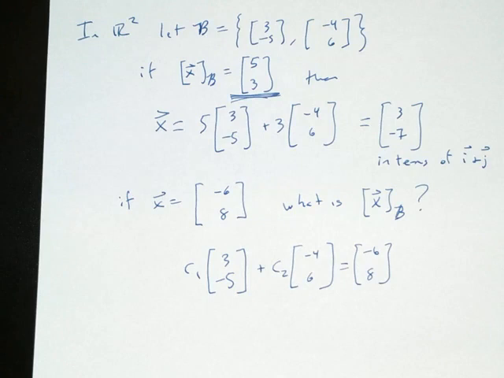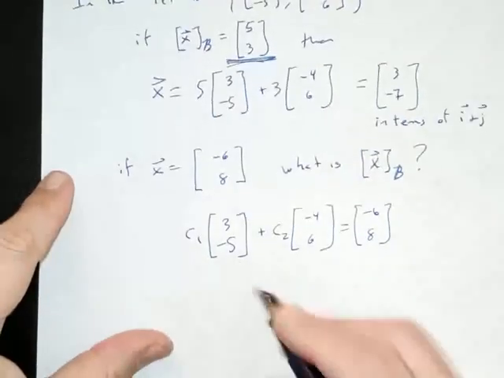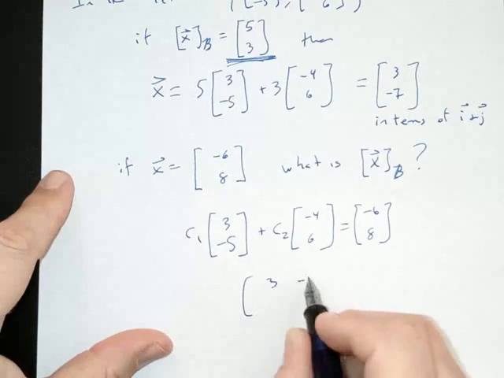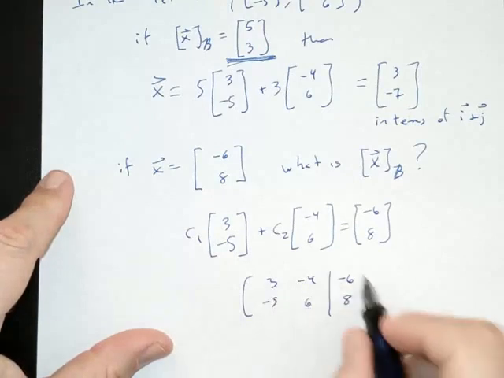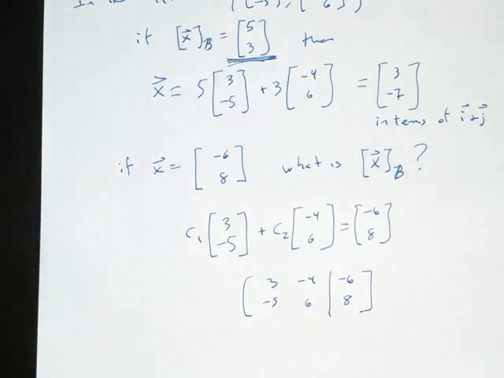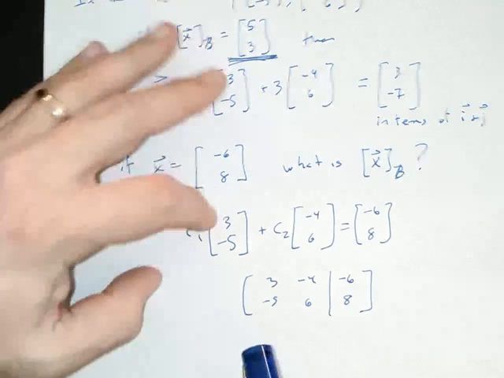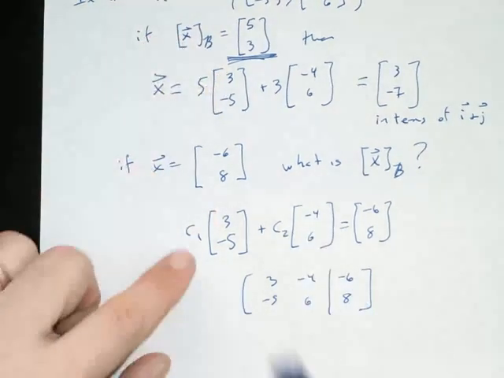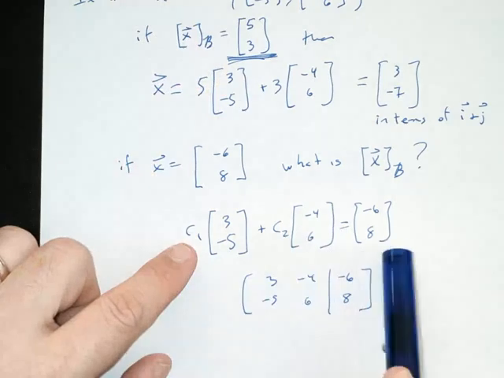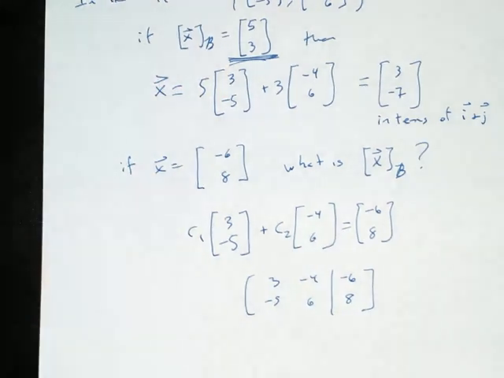This is an augmented matrix, isn't it? This is trying to solve for these two numbers in here. Because the first equation says 3C1 minus 4C2 equals -6. The second equation says -5C1 plus 6C2 equals 8. That's exactly simultaneous equations. How do I find C1 and C2?